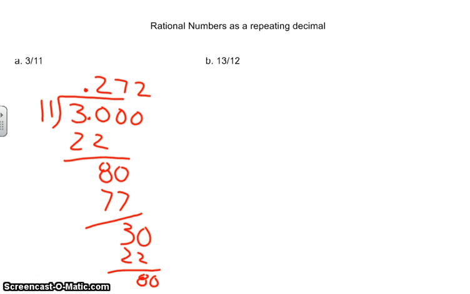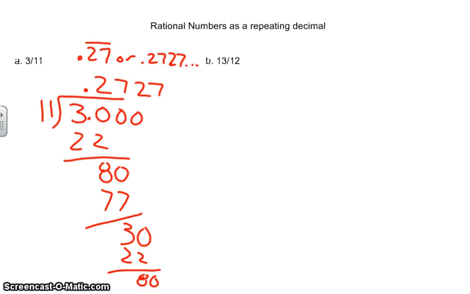I have 8 left over. 80, I've got a 7. Hopefully you're recognizing right now that we have the pattern of 0.2727272727. So the best way to write this is 0.27 with a bar over it, just so I know that that will continue.